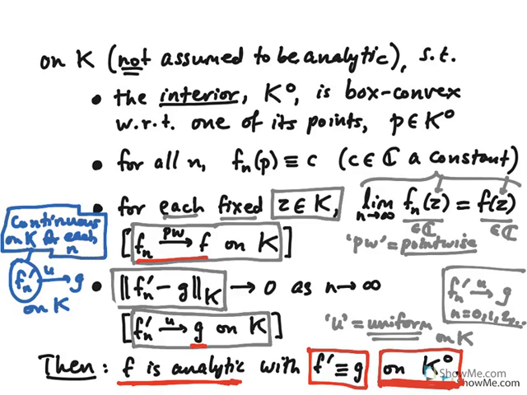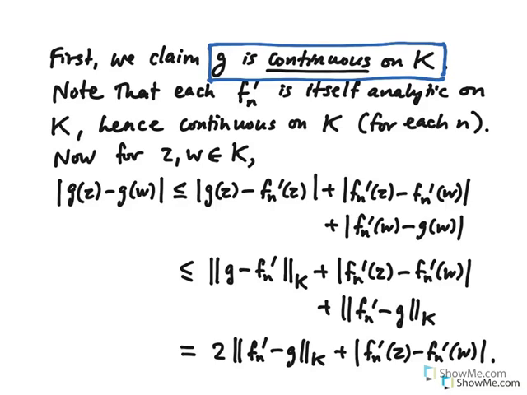All the f_n primes are continuous on K. Now you see that g is not known to be continuous on K, but it turns out it must be. This is a remarkable fact about uniform convergence. It basically says that if a function is the uniform limit of continuous functions, then it itself must be continuous. It's a remarkable fact, right? And here's how we can prove it.